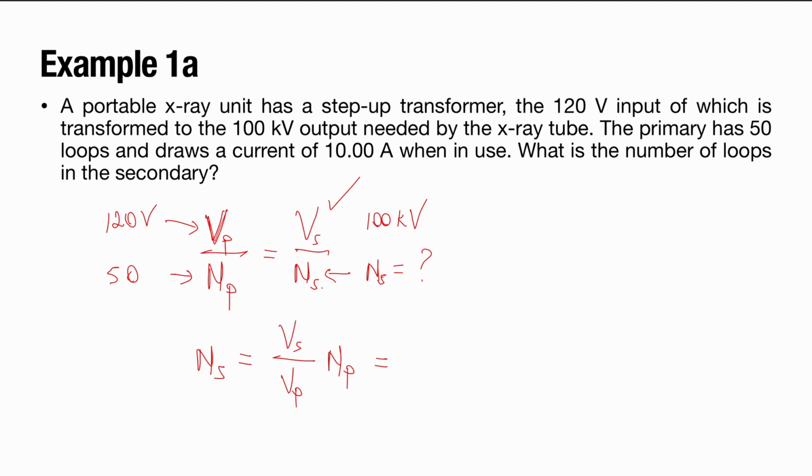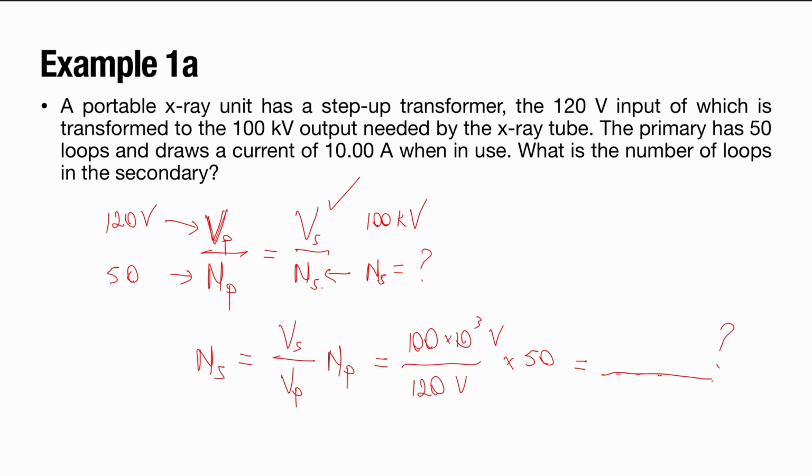Okay, so VS is 100 times 10 to the power 3 because it's kilovolts, divided by the VP, which is 120 volts, times 50. You will notice that the number of loops will have no units. So it's up to you to find. That is your part, your contribution to the video. That is, in the comment section, tell me what you find.